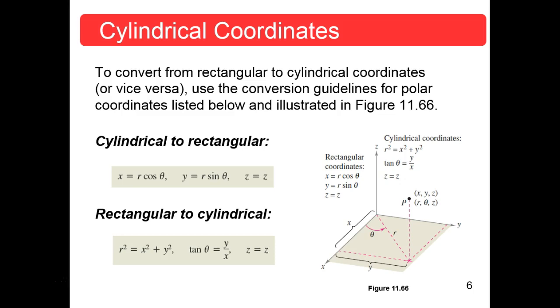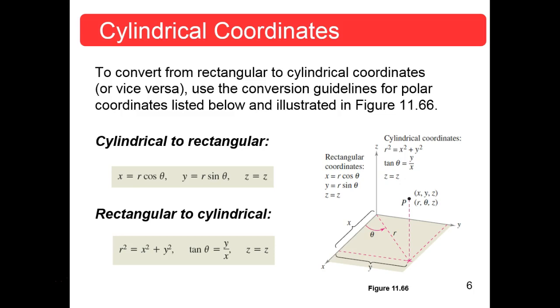And z is equal to z. Okay? It's the same thing. So you're just taking your polar coordinates that you have in the xy plane or the r theta plane, and then going up z or down z, but z is the same. Make sense?